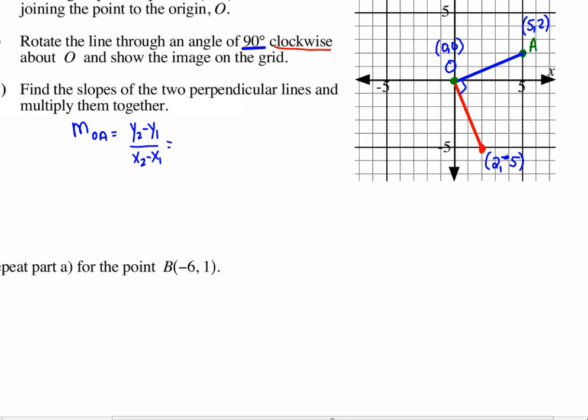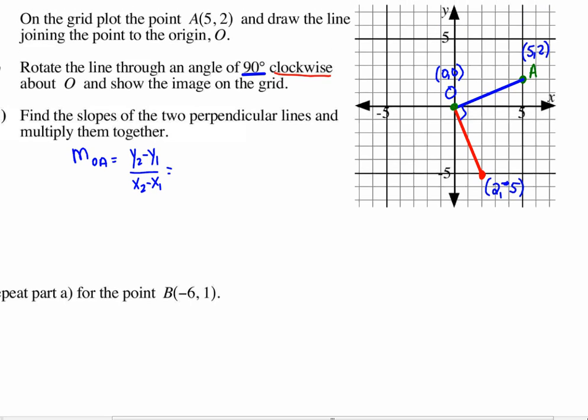Which one do you want to do x1, y1? A or O? You want A? Sure. And O to be your second. So x1, y1, x2, y2. Doesn't matter. You could have made the other way around. So let's subtract. What do we get?